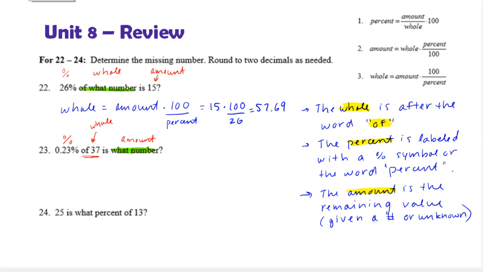So let's write that. The amount equals whole, well, our whole is 37, times the percent, which is 0.23. Okay, notice you're not moving the decimal there. That's the actual percent, even though it has a decimal in it. Don't write 23. Okay, over 100.